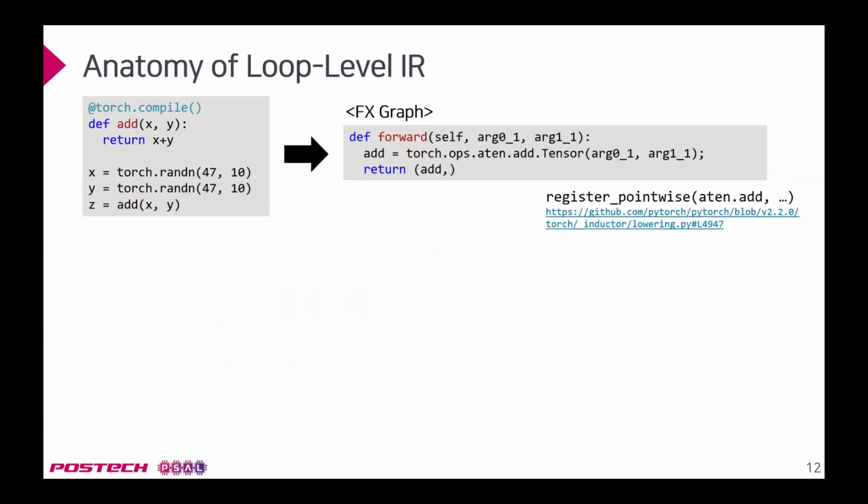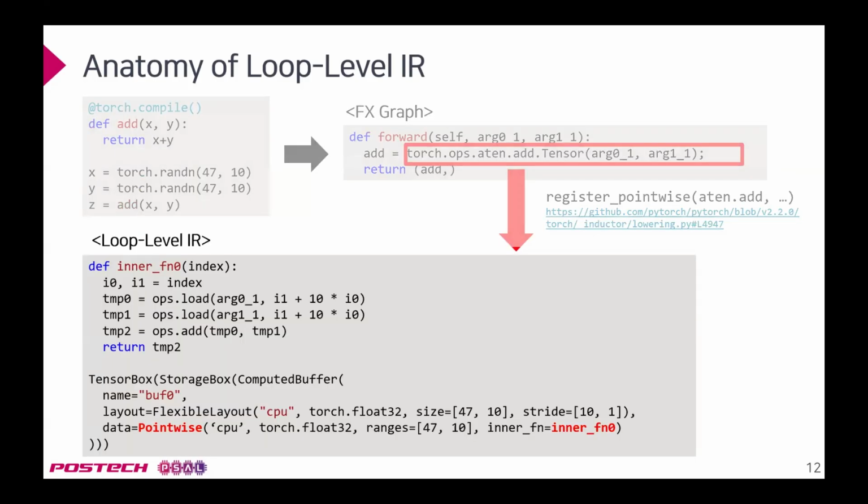Let's walk through a concrete example. Suppose we have a simple add function wrapped with Torch compile. Initially, Torch Dynamo captures this as an FX graph with a single aten.add.Tensor node. Then Torch Inductor lowers this to a Pointwise object in the loop level IR.